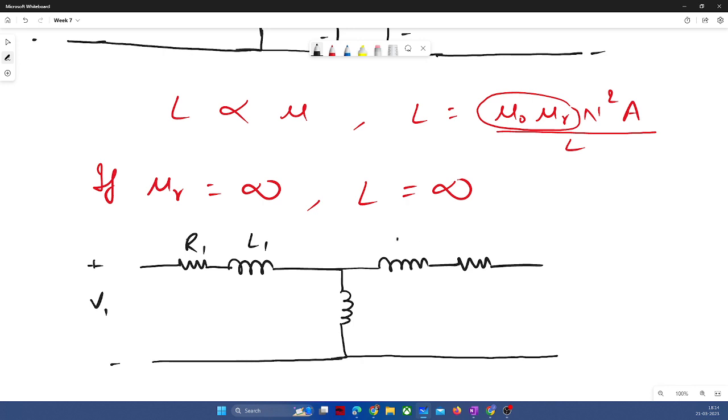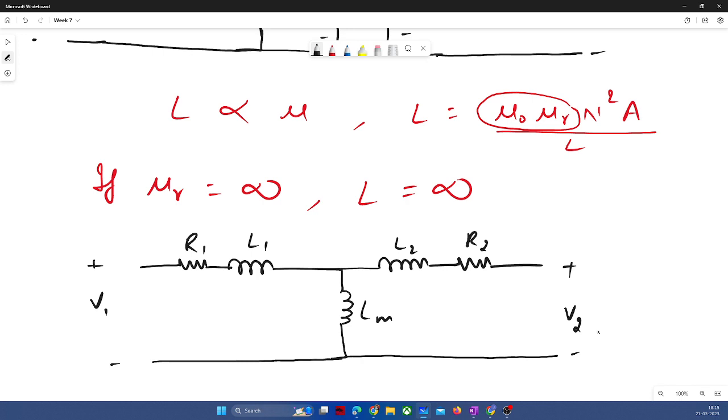R1, L1, and it starts. Anyone want to say something? Sir, actually, when the flux leaks, the leakage flux, instead of flowing through the core, it will flow through the copper wire that is wound on the core.